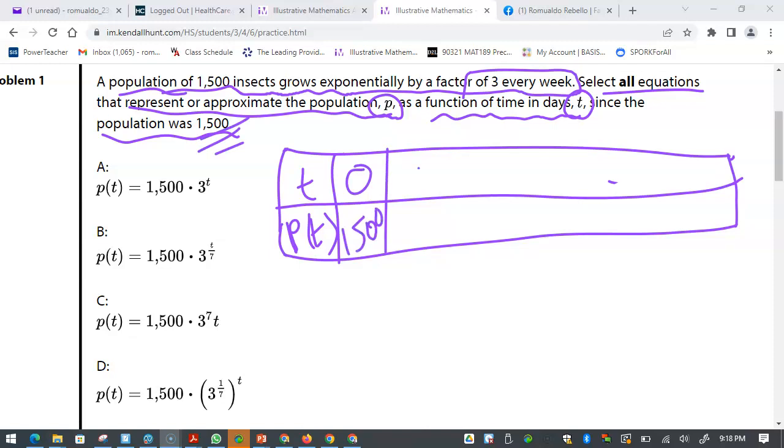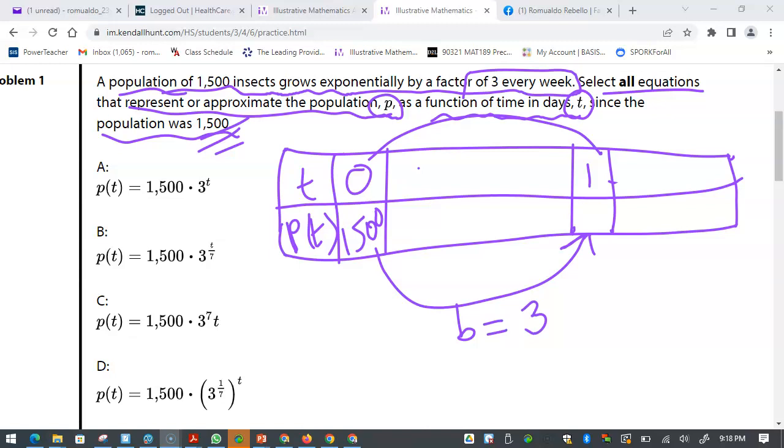Then in 1 week, T is 1 week, from here to here is 1 week. It grows by a factor of 3, so B here is 3. You multiply by 3, so naturally this becomes 4,500.